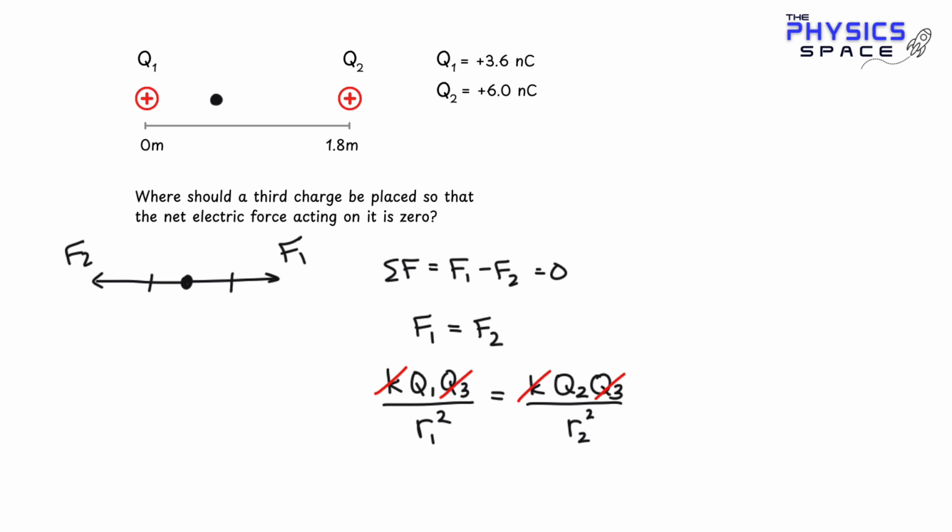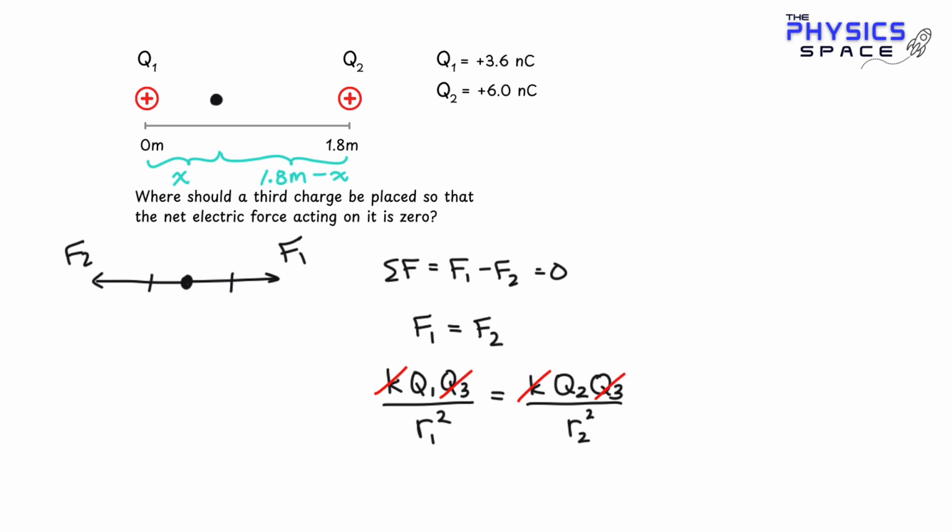So let's call the distance from charge 1 to charge 3 x. And if the distance from 1 to 3 is x, then the distance from 2 to 3 must be 1.8 meters minus x. So we're putting these two different r terms in terms of the same variable x.